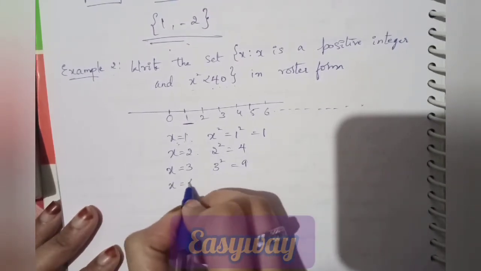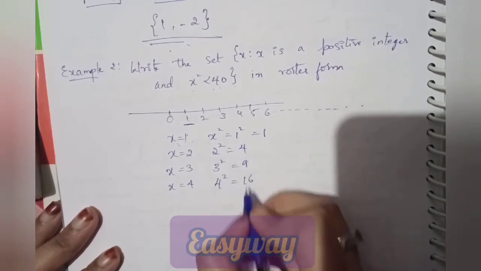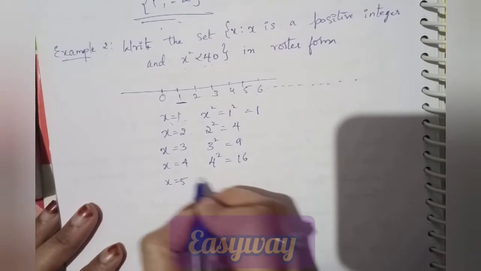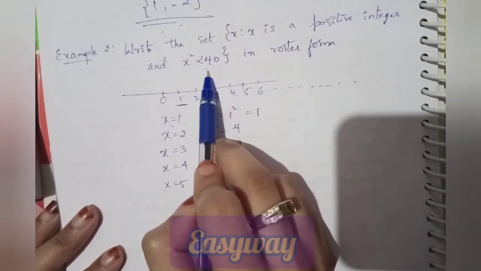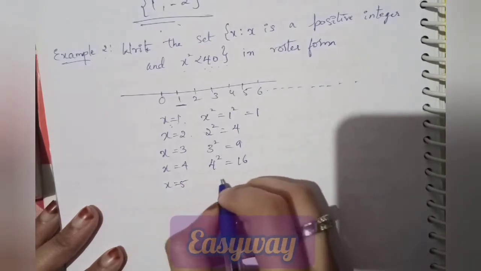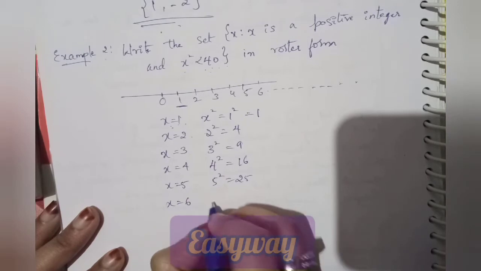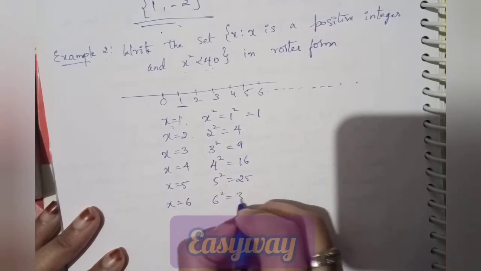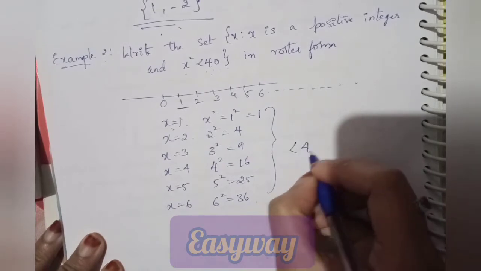If x equals 4, 4 square is 16. So we have to go till a number less than 40. If x equals 5, 5 square is 25. x equals 6, 6 square is 36. These are all less than 40.